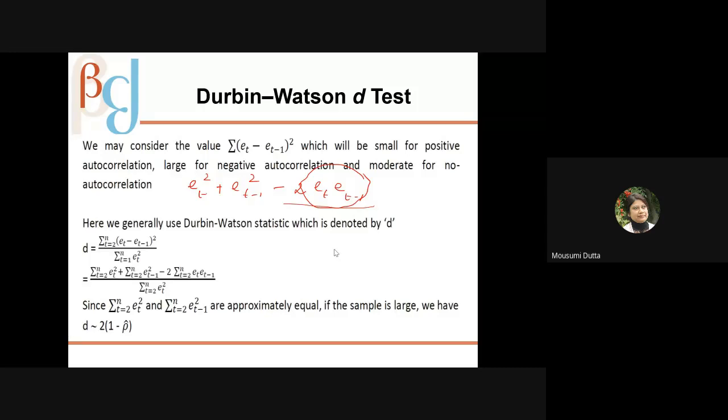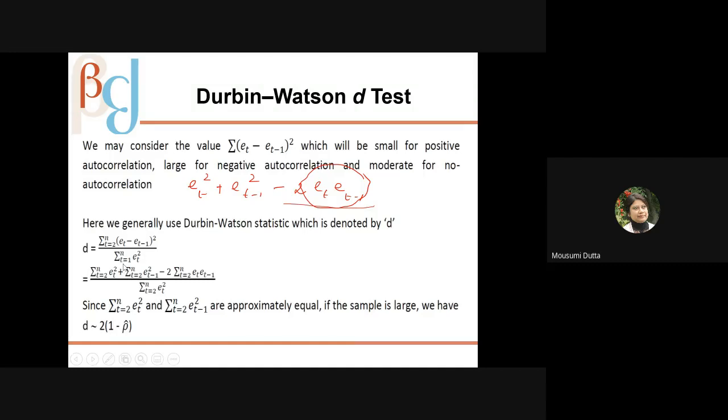So, a square plus b square minus 2ab, that we are considering. Range is from 2 to n in the numerator. In the denominator, you can replace these by 2 to n, because in the next step, we will go for some cancellation.